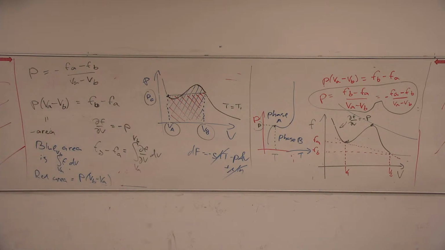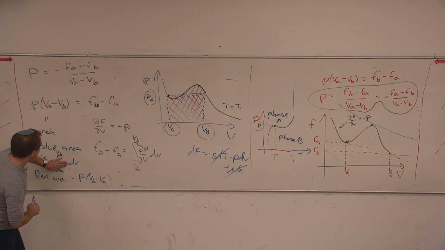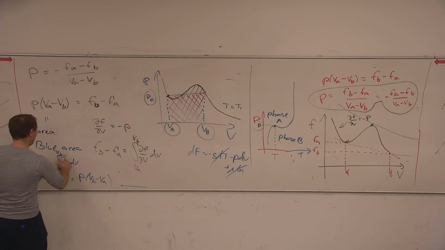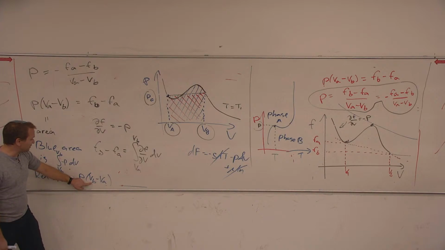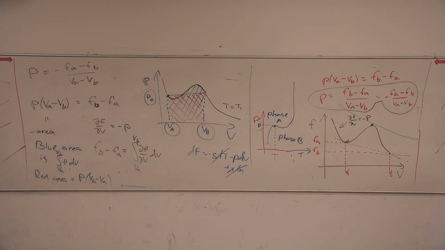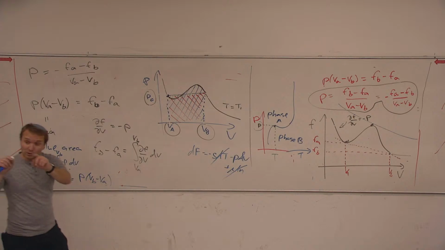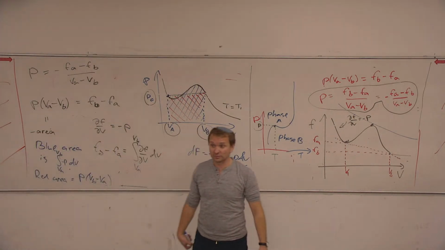It's not PdV, it is PdV, right. It is minus PdV. The red area is P multiplied by VB minus VA. And then when they're exactly equal, this is how you define your phase transition.